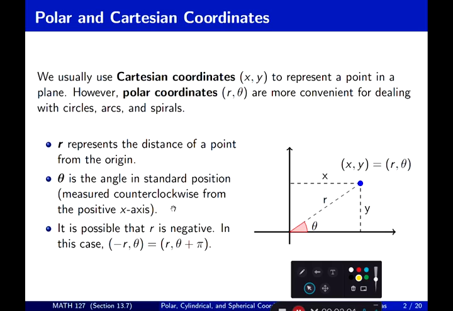Any r and theta is also equal to r and theta plus 2 pi, and so on and so forth. It's not a unique representation, but for the purpose of calculus 3, after this section is over, we always assume theta is between 0 and 2 pi, and we assume r is positive.